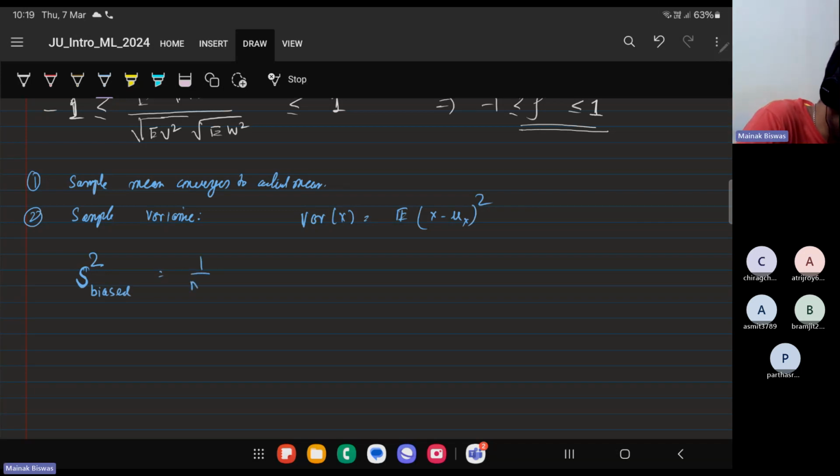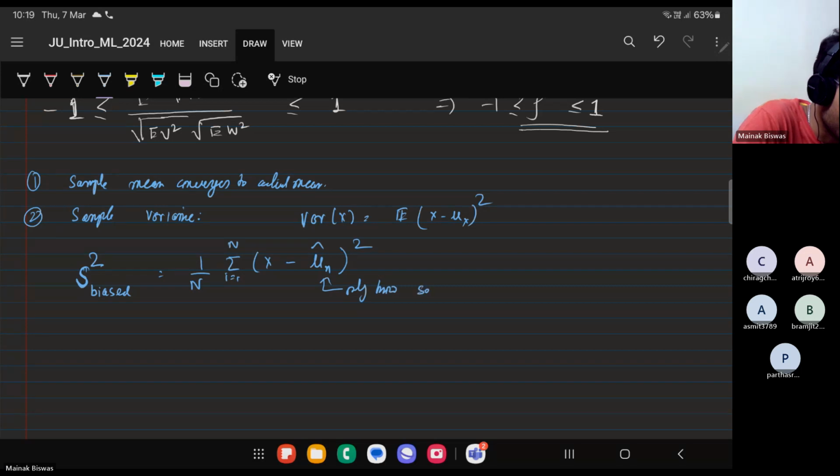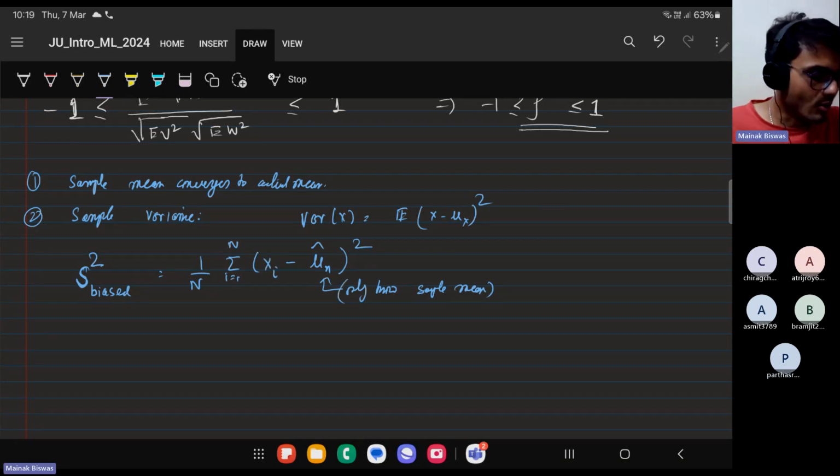What is it? 1 by n, sum over i equal to 1 to n, of (x_i minus the sample mean) whole square, right? I only know the sample mean, so you have defined it in terms of sample means now. Now why am I calling it biased?